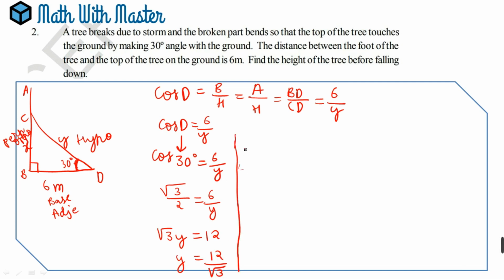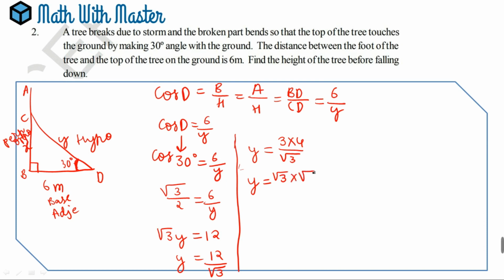And here then y is equal to, what can we write 12 as? We can write 12 as 3 into 4 upon root 3. y is equal to, now what can we write? 3 as root 3 square.